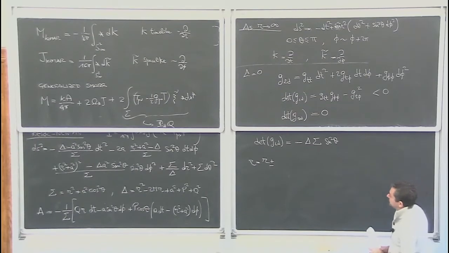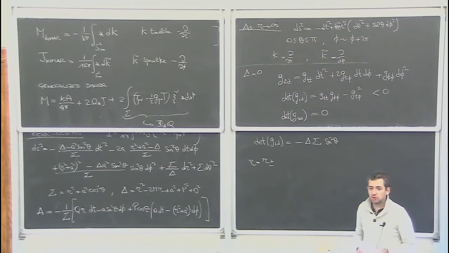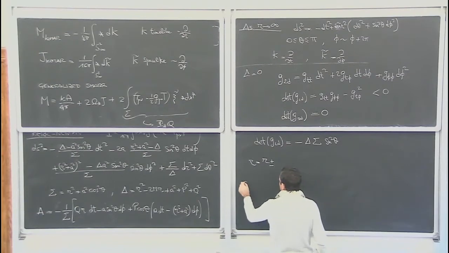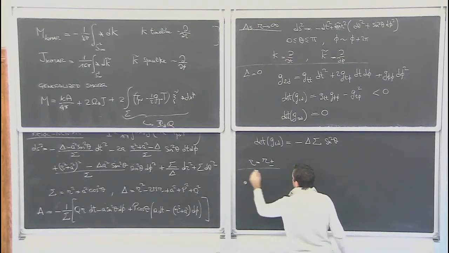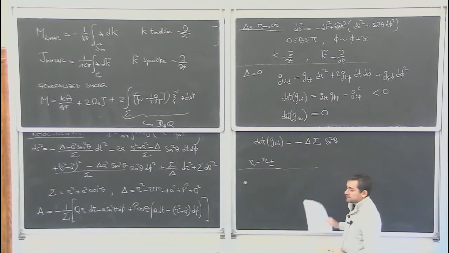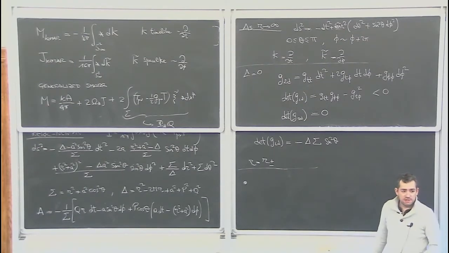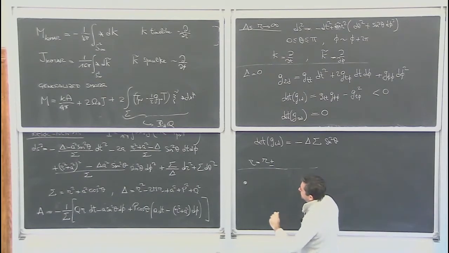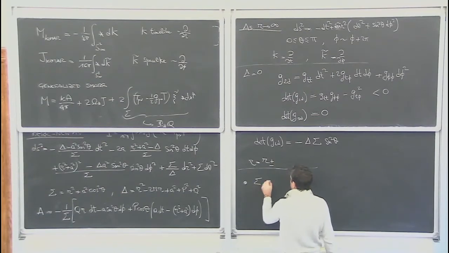On the other hand, there is a curvature singularity if you compute the Riemann tensor and the Riemann squared. So far we have found a null hypersurface, and I will show that there is a Killing vector that becomes null there. And on the other hand, we also find a curvature singularity at sigma equals 0.